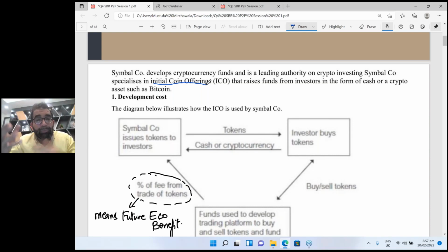Now the major issue: we are accountants, my dear students. You know what the objective of IFRS is? We can't stop anybody from doing any transaction.